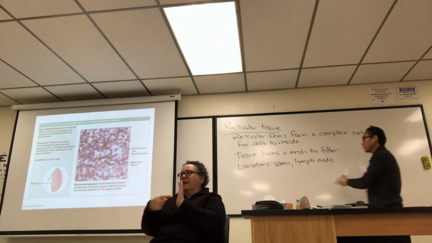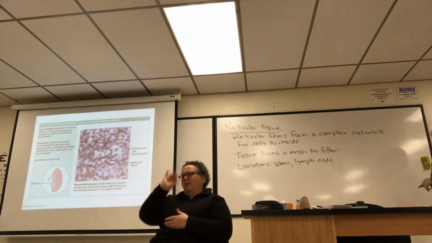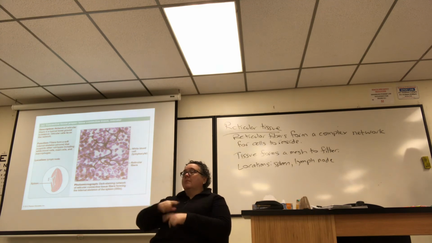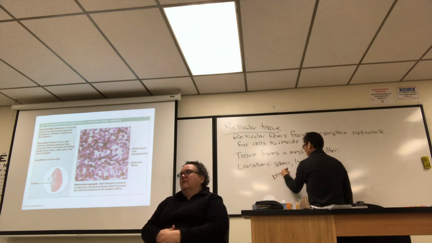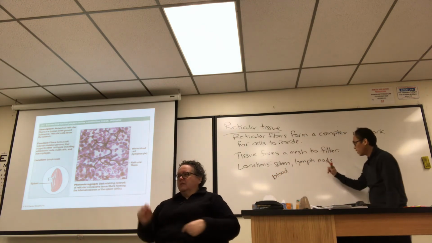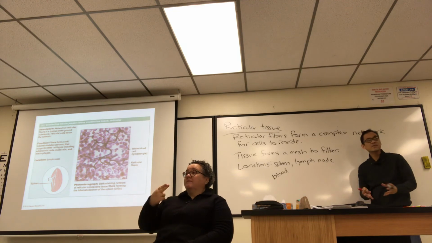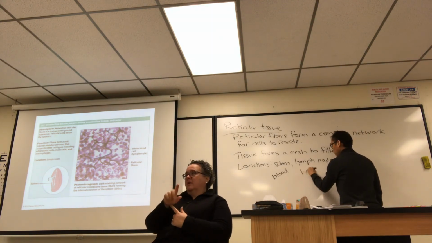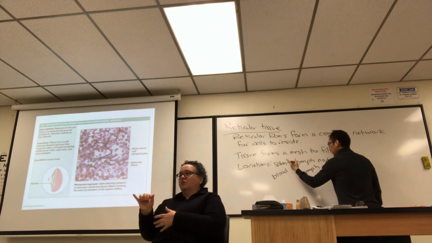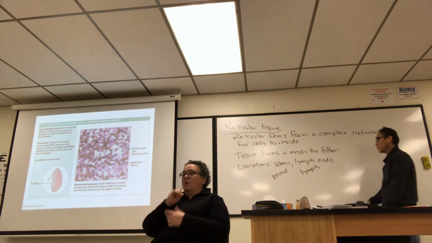Well, you haven't had the chapter on those organs yet, but basically, the spleen filters the blood. The lymph node filters lymph. Lymph is a fluid. Okay. So one filters blood, one filters lymph.